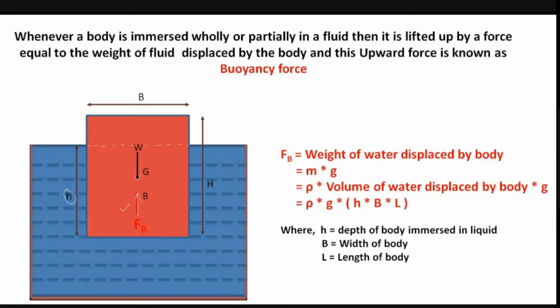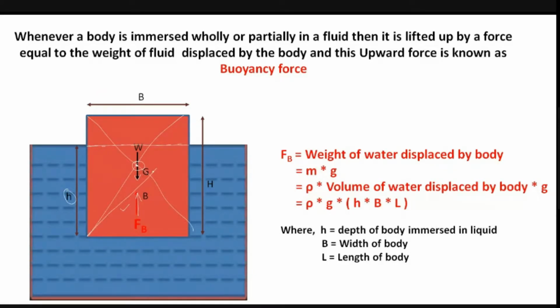Where do these buoyancy forces act? The buoyancy force acts at the center of gravity of the volume displaced by the object. If I take this object, at this point G is located, that is the CG of the object, but the volume displaced by the object is like this.